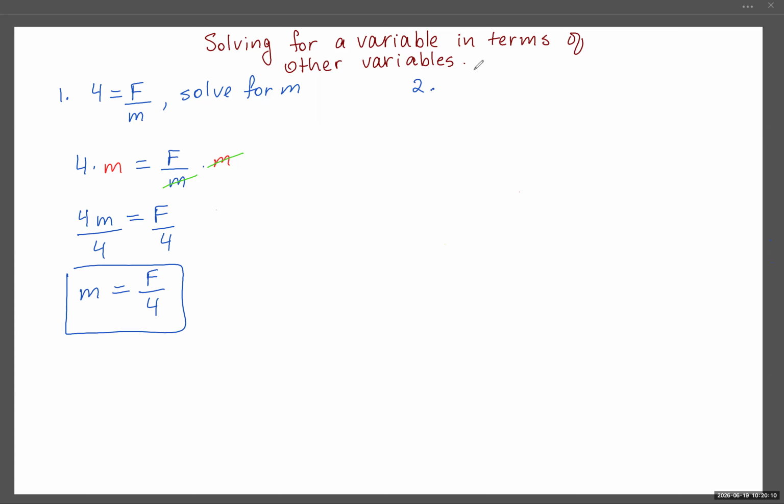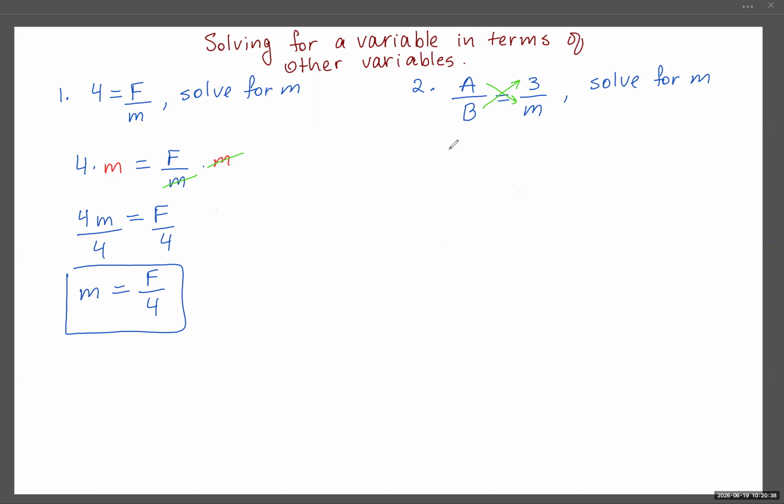Number 2, let's try this one. A over b equals 3 divided by m. We're still solving for m. This is one of those examples where the cross multiplication works. When you have a fraction on the left-hand side equals a fraction on the right-hand side, you can cross multiply the fractions.